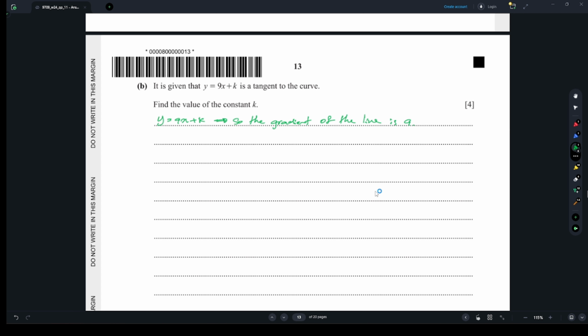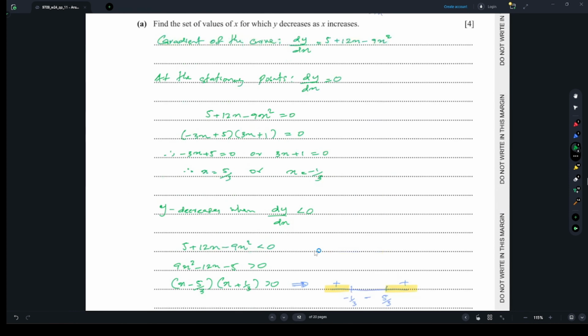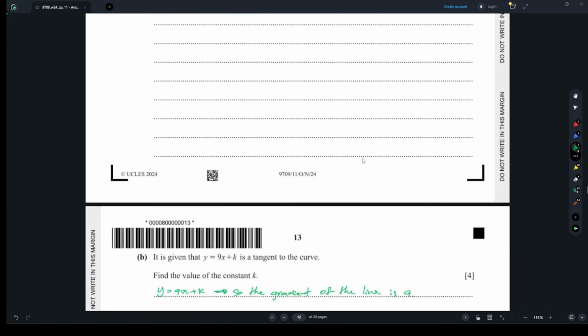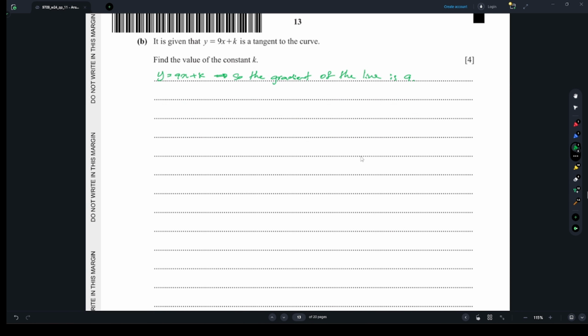And also the gradient of the curve is given by, here previously, we found that the gradient of the curve is given by this derivative, right? This one, dy over dx. So we can write that one.